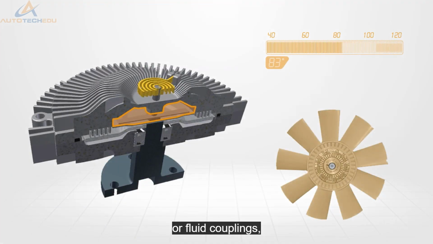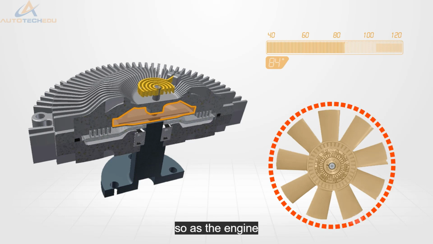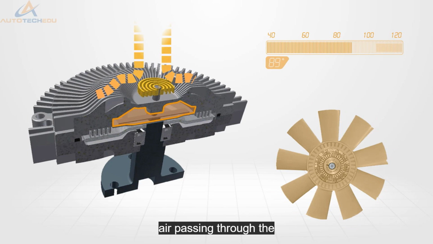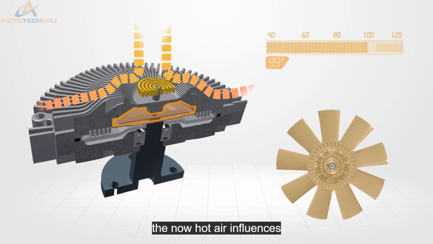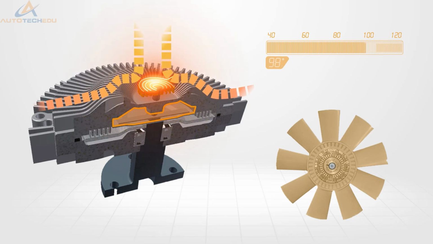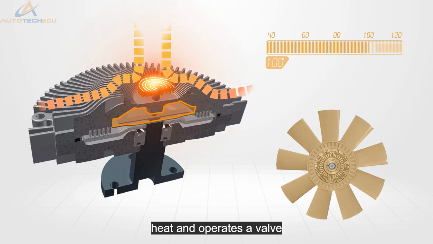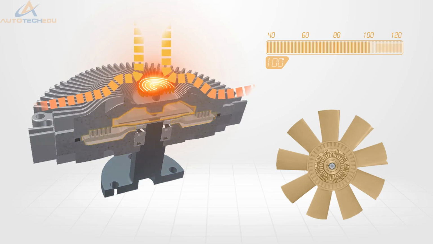Viscous or fluid couplings rely on engine temperature to operate. At lower temperatures, the fan drive is in a run-free state, so as the engine temperature rises, air passing through the radiator takes on heat. The now hot air influences a thermostatic clock spring found in the fan drive. The spring expands with heat and operates a valve to control a contained fluid flow within the hub.